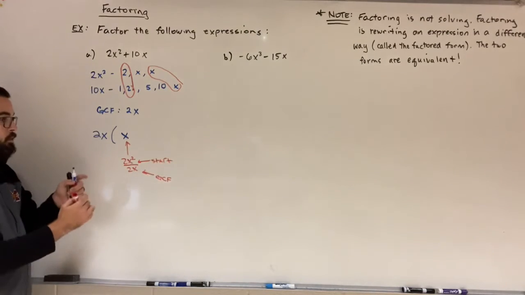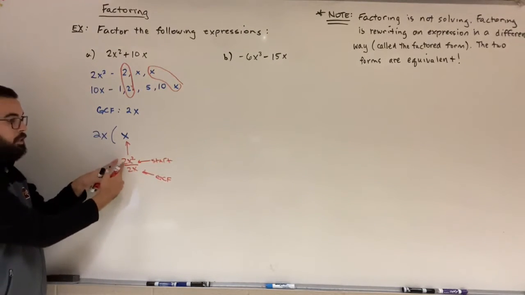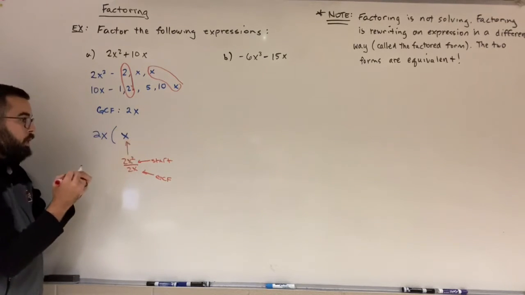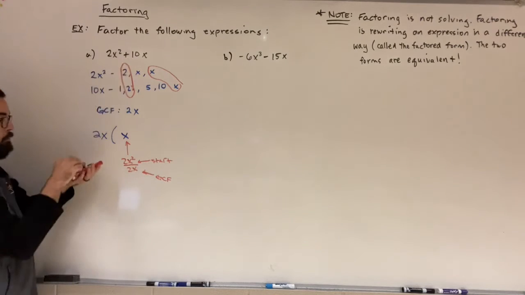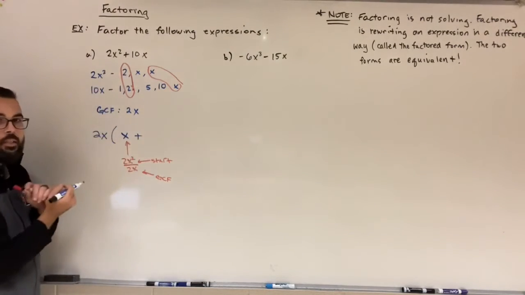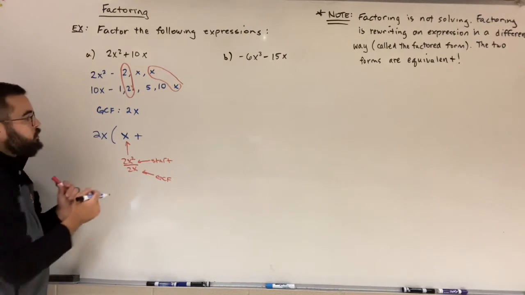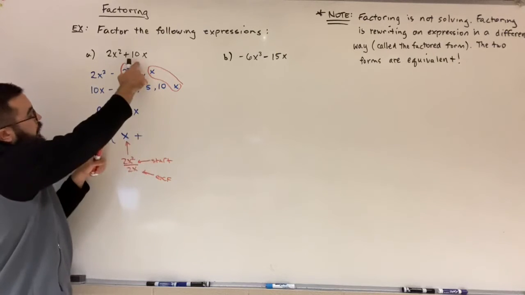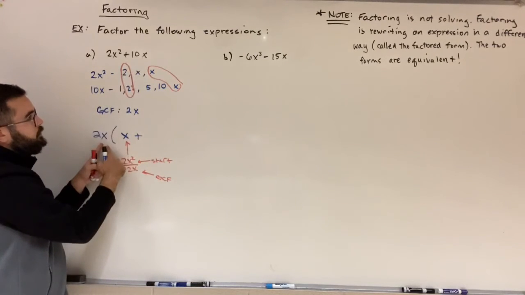All right, so you take the term that you started with, divide it by the GCF, and that's how you get what's left over. Okay, then there's a plus in between them, so there's still going to be a plus in between the two terms inside the parentheses. So then we have 10x divided by 2x.